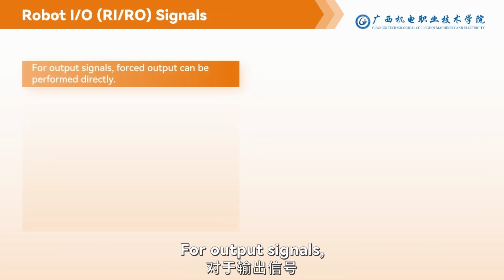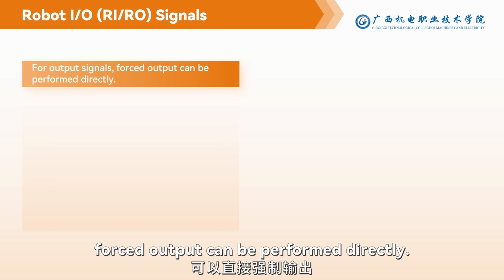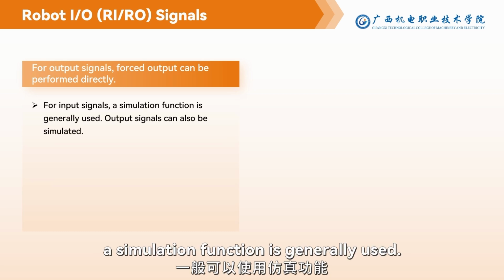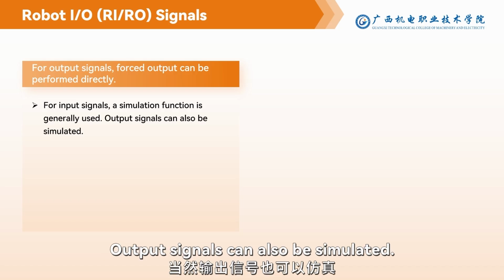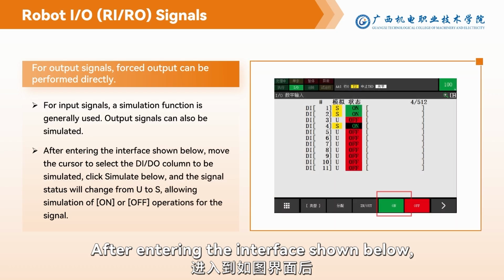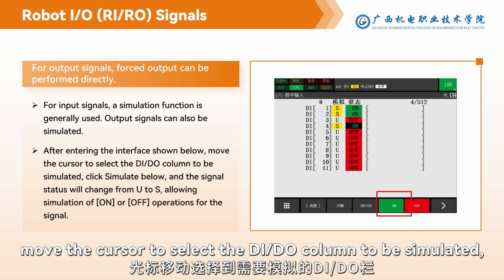Simulation function for input and output signals. For output signals, forced output can be performed directly. For input signals, a simulation function is generally used. Output signals can also be simulated. After entering the interface shown below, move the cursor to select the DI/DO column to be simulated.